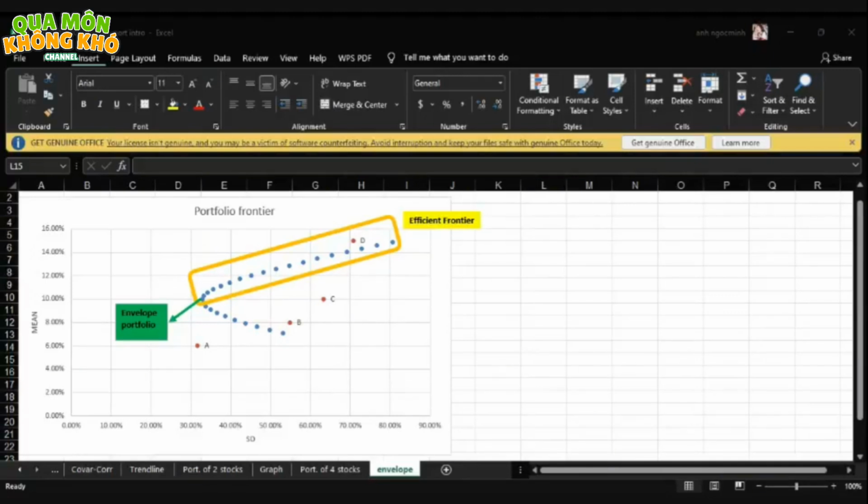Because with the same standard deviation, if you choose a portfolio on the curve, the envelope portfolio, your return will be higher.